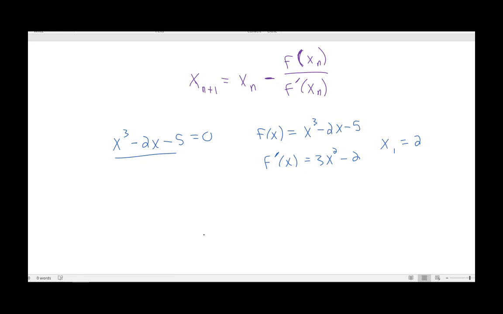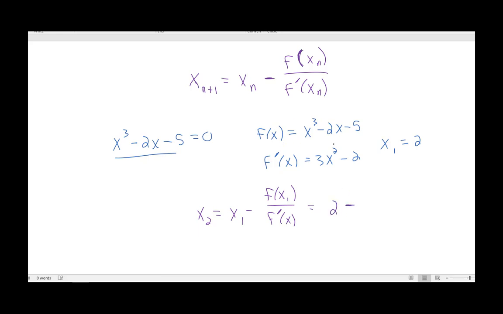So in my formula, I have my first guess, x1. My second guess, x2. Let me switch to purple. That's a pretty looking color. I like that. So x2 is going to be x1 minus f at x1 divided by f prime at x1. So in regards to this equation, we have x1 being 2.